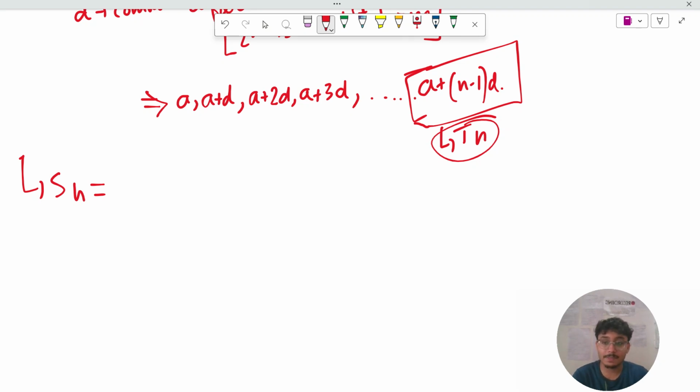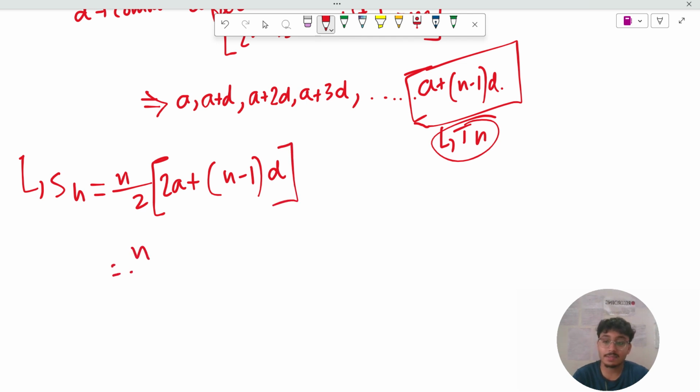So my Sn is n by 2, where n denotes the number of terms in the series, into 2a plus (n minus 1) into d. Or this can also be written as n by 2 into a plus (a plus (n minus 1) d).